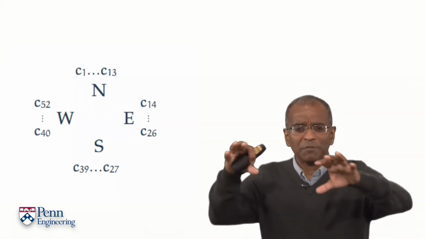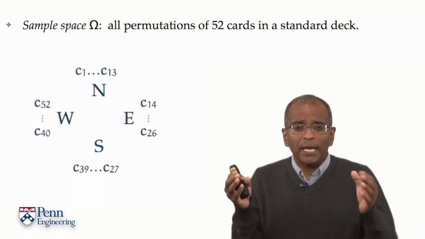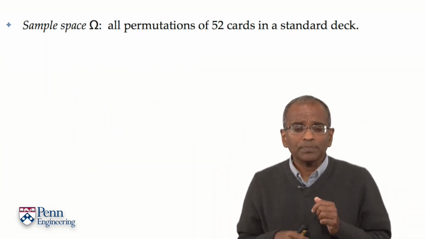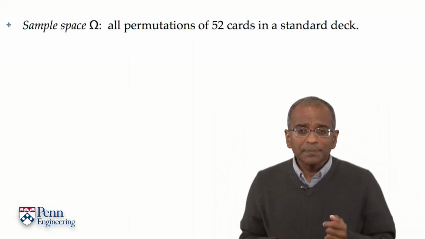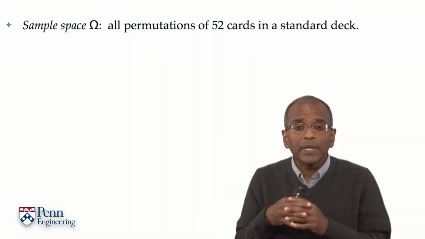Now, to do this, we first should formalize what is our sample space, what are our idealized outcomes. Let's begin with this. The sample space here, I'm going to allocate 13 cards to north, 13 cards to east, 13 cards to south, 13 cards to west.